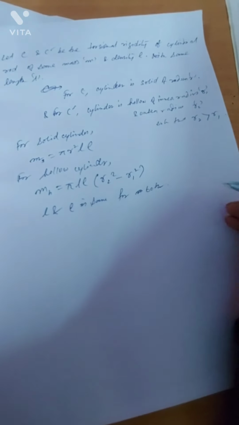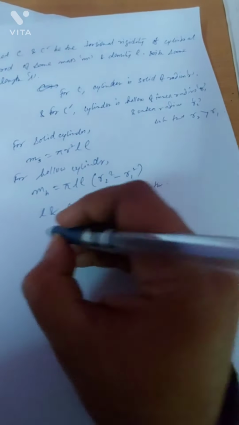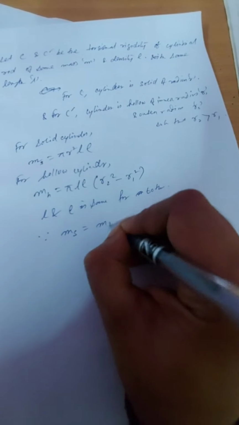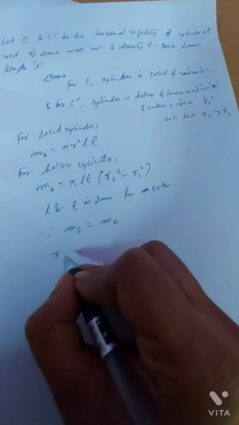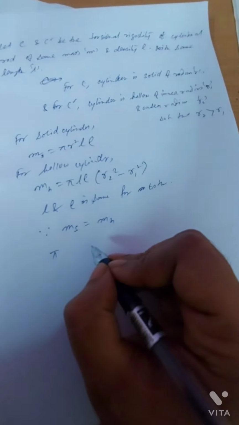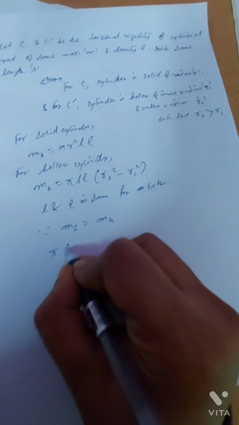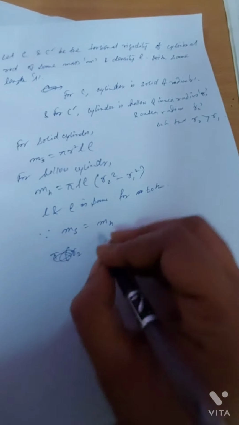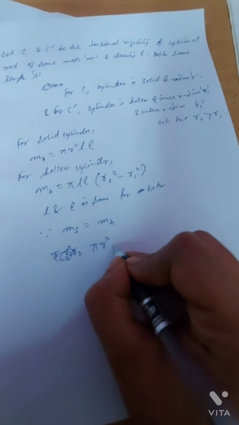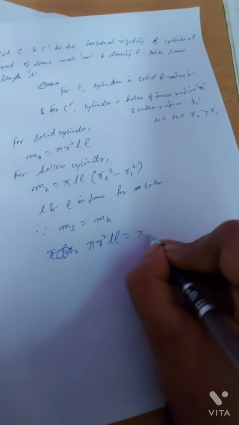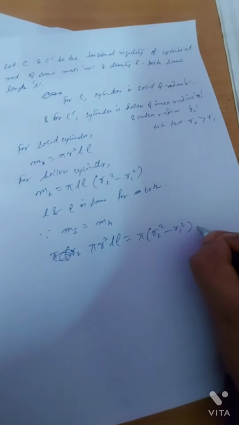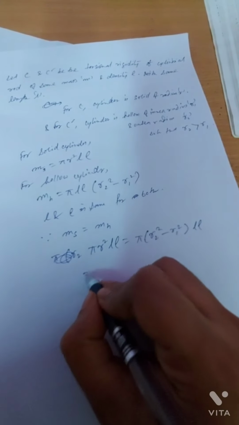L and rho are the same for both. Now since ms is equal to mh, both masses being equal, pi r square L rho is equal to pi L rho (r2 square minus r1 square).